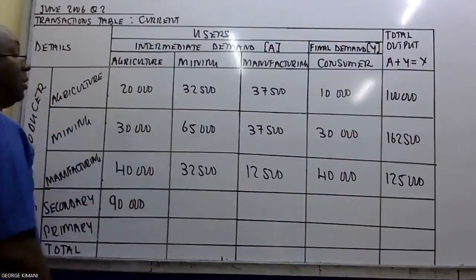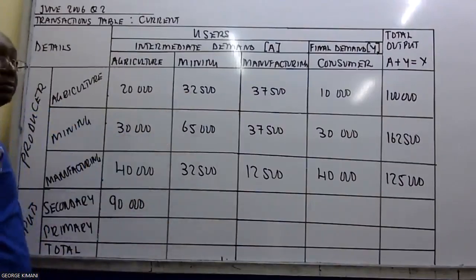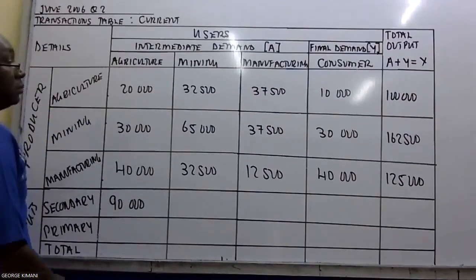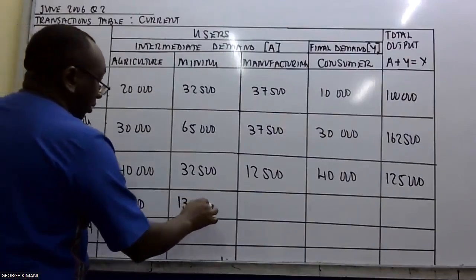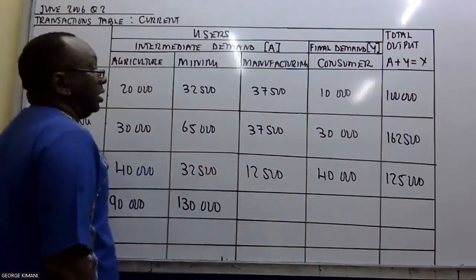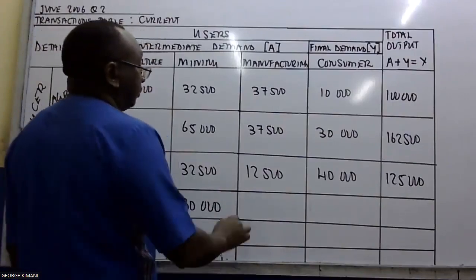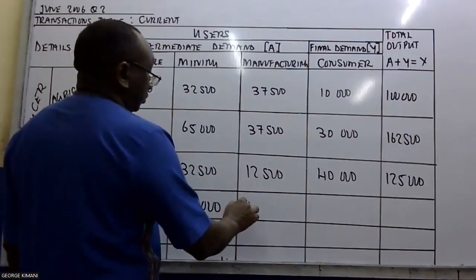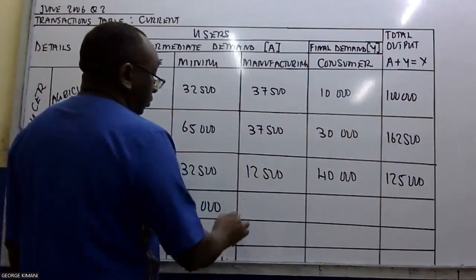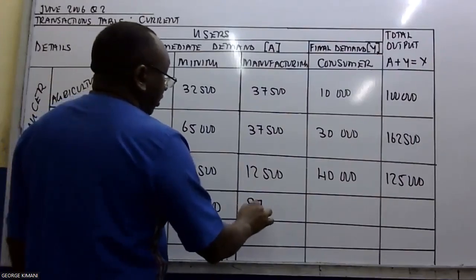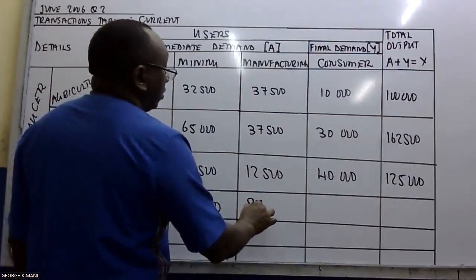Give me this for mining. $130,000. Give me this. $87,500.